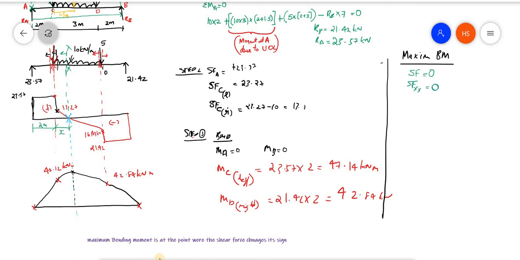Now shear force at XX can be found out either to the right or to the left. You can take the forces to the right or to the left. I am taking the forces to the left now, for simplification only. So shear force at XX to the left: what are the forces happening?